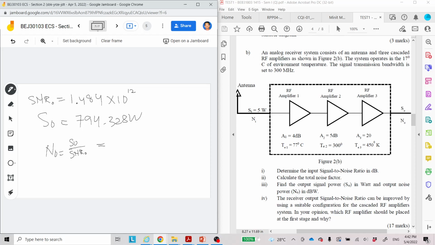Which is equal to 1.484 times 10 power of 12 divided by 794.328 watt. Okay, sorry, how much is this?